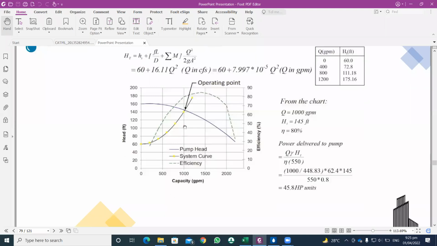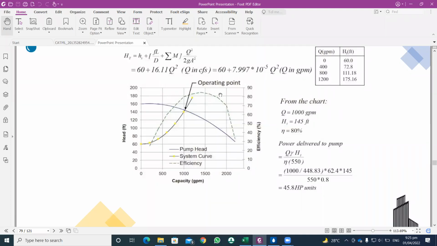So this is the point at which the pump will operate, at about 1000 GPM. Projecting it to the x-axis will give you the capacity or the flow of water, and projecting to the y-axis it will give you the head of the system. So head of the system is about 140 feet.